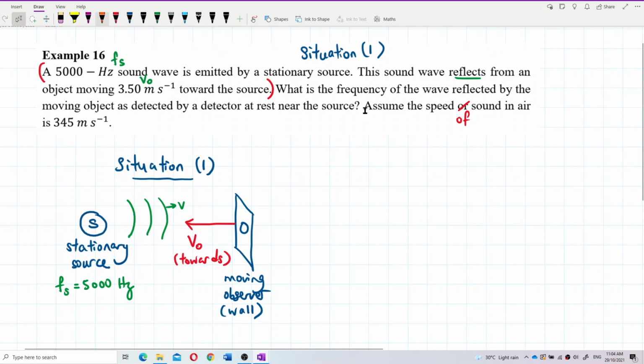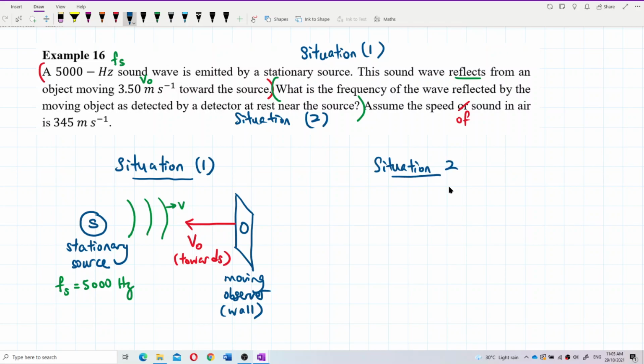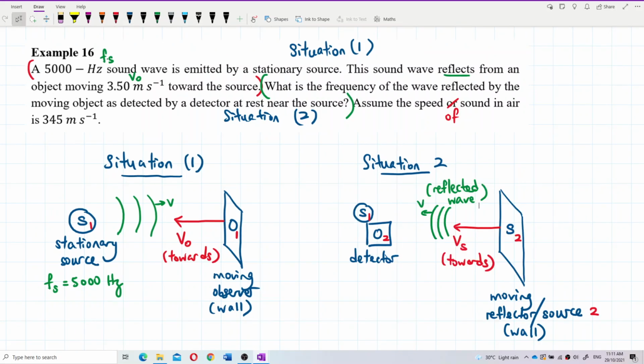This is the second situation. Let me draw it for you first. See, this is what is happening in the second situation.